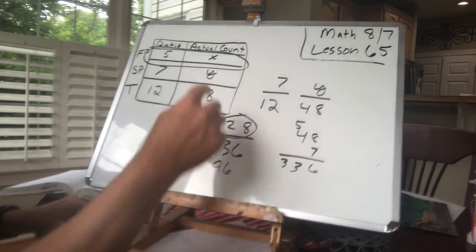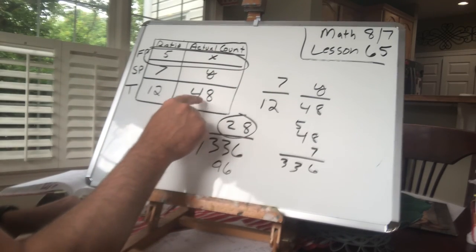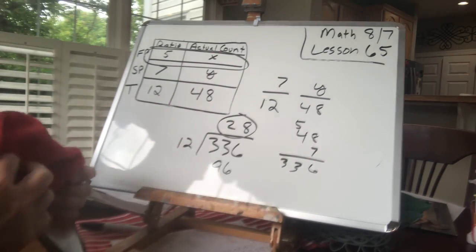And if I wanted to know how many football players there were based on this answer, I would subtract 28 from 48, which would give me 20. It would have told me either answer, all right?